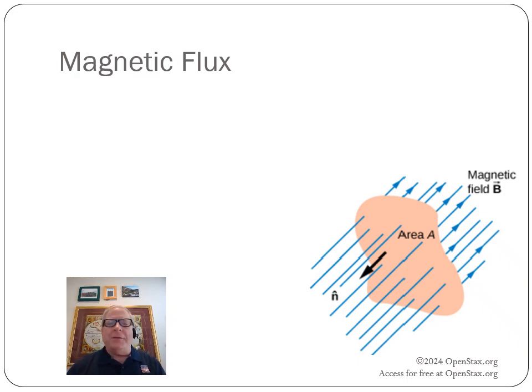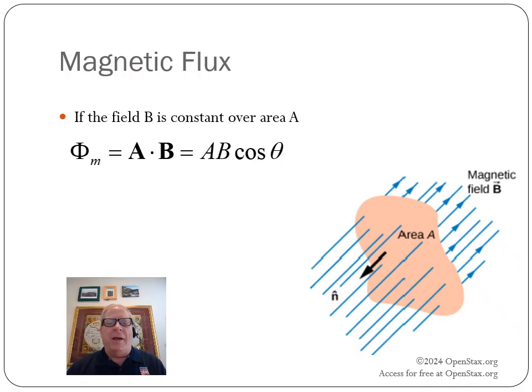The mathematical definition of magnetic flux is very similar to what it was when we talked about electric flux. If you have a field that is constant over a given area, A, then your magnetic flux is just the dot product of those two vectors. Remember, the direction of an area vector is the direction of its normal line.